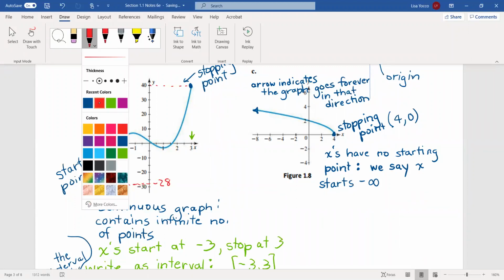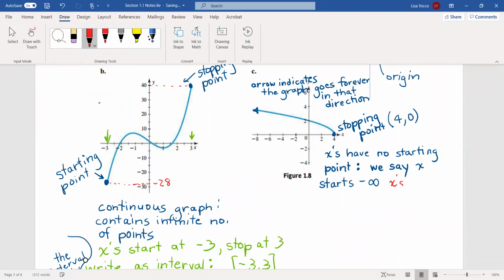At 4. All right. So when I write the domain, this is how I write it. The set of numbers from negative infinity to 4.